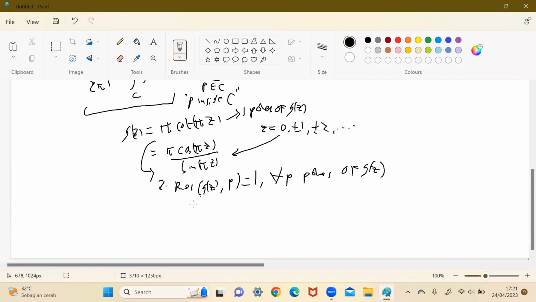How would we prove it? If we take a look at the definition of the residue for simple poles, we have to calculate the limit of (z minus p) times g(z) as z approaches p.